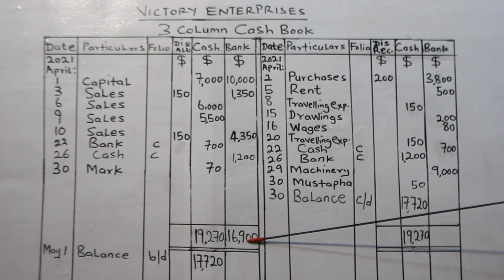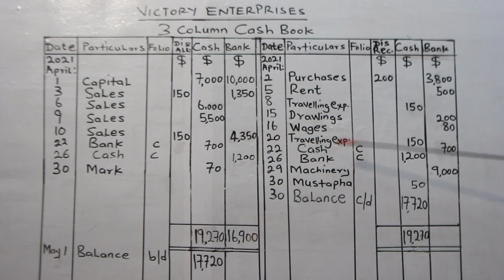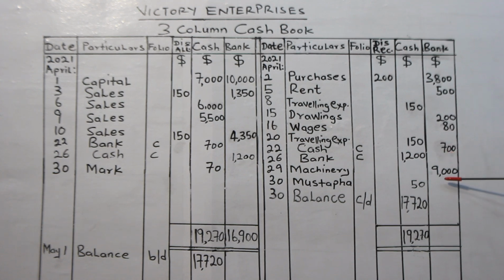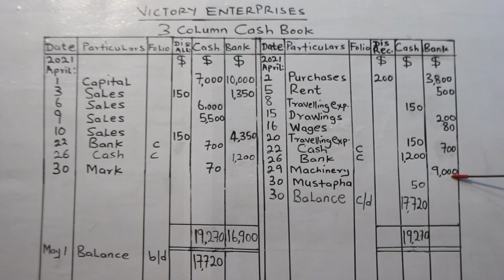Then we deduct from it the total cash paid out from the bank, that is 16,900 minus 3,008 minus 500 minus 200 minus 80 minus 700 minus 9,000. That gives us a total of 2,620.